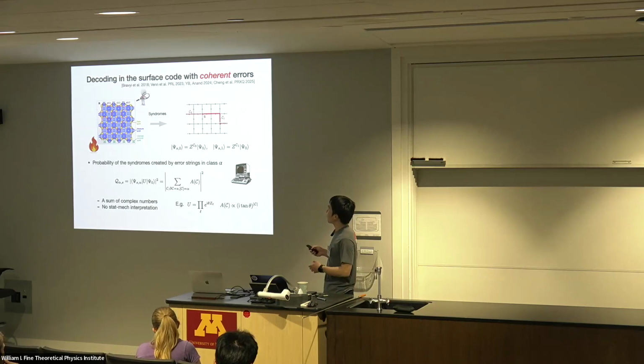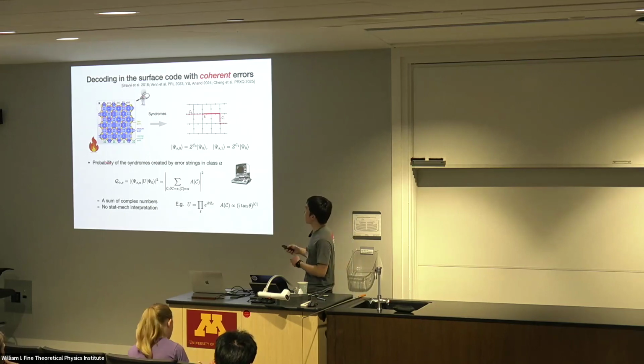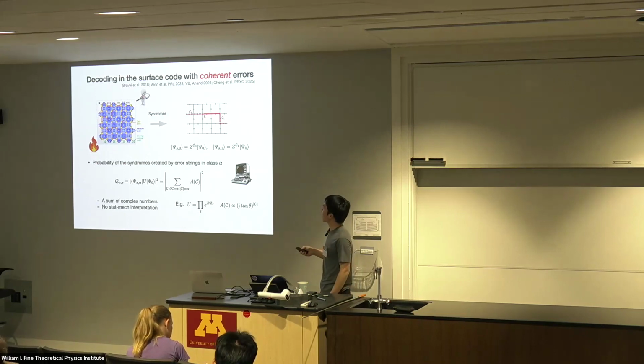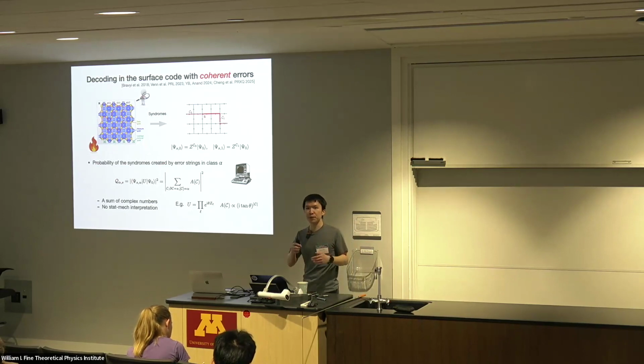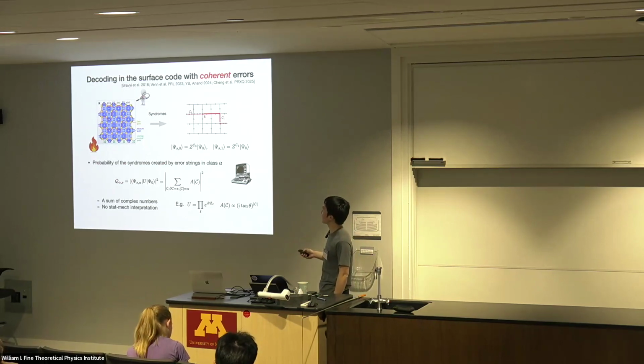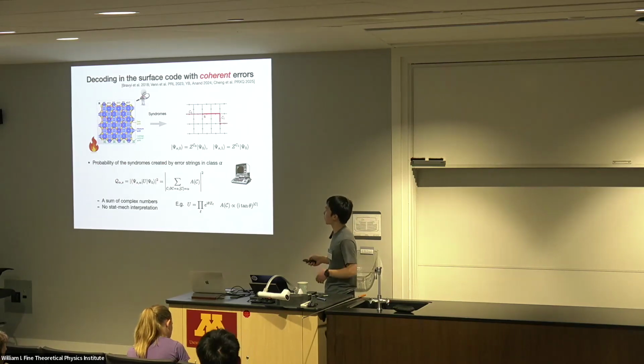In this problem, the difference is that when you try to evaluate the probability of the syndrome created by error strings belonging to a homology class alpha, this Q_alpha^S, instead of being given by a partition sum of positive real numbers governed by a Boltzmann weight of a stat-mech model as in the previous slide, is going to be given by a sum of complex numbers.